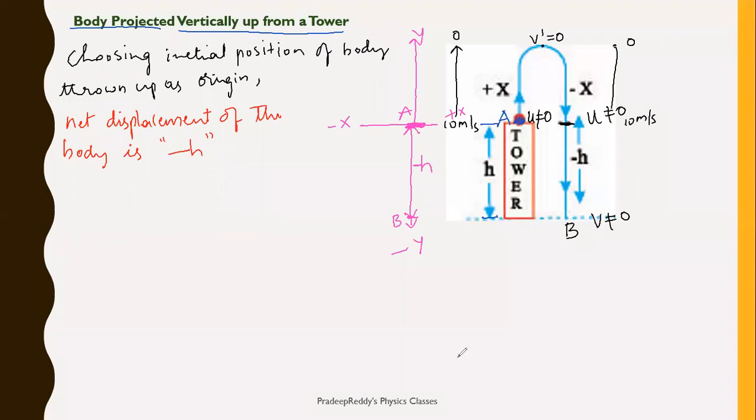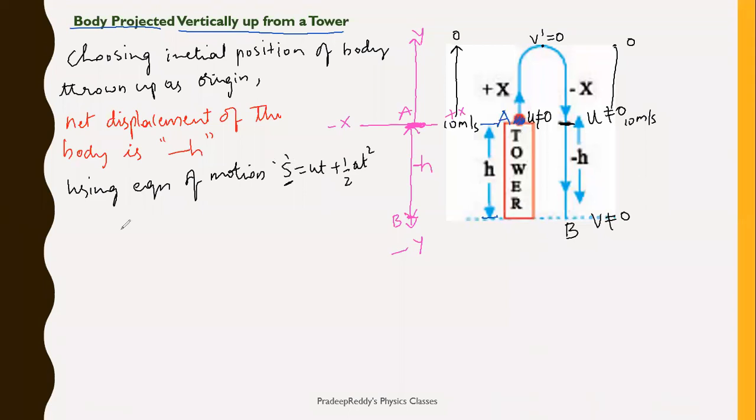Now, using the equation of motion, S is equal to ut plus half at square. This S stands for net displacement. What is the net displacement over here?